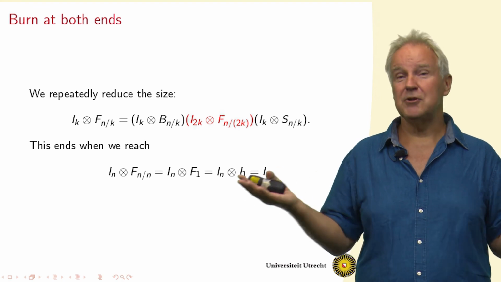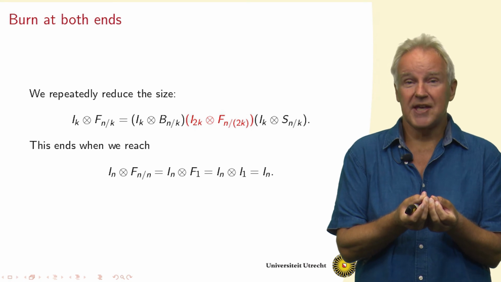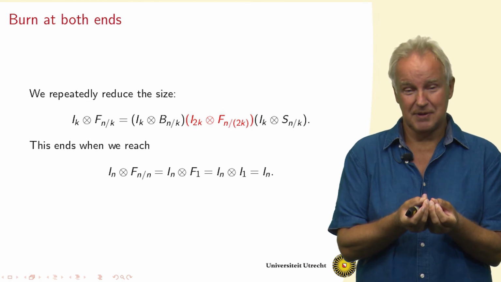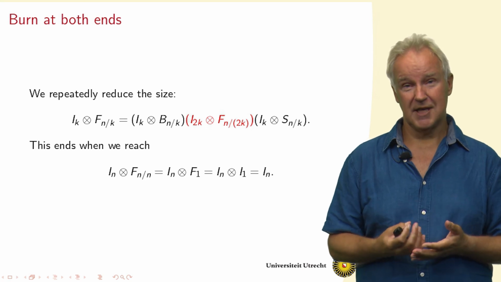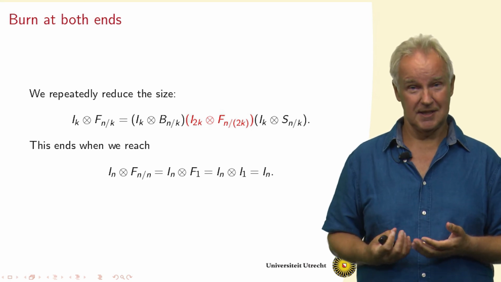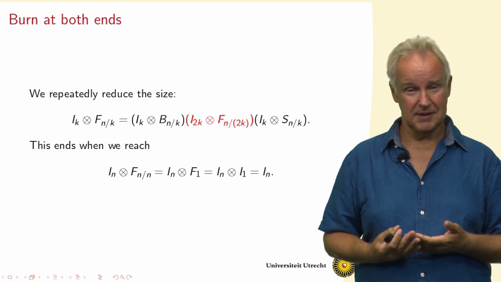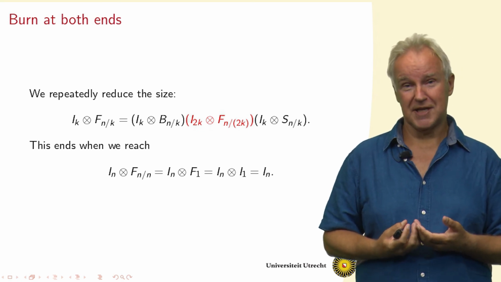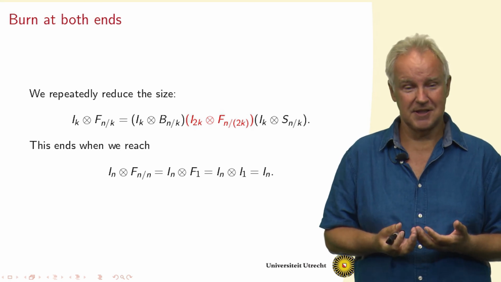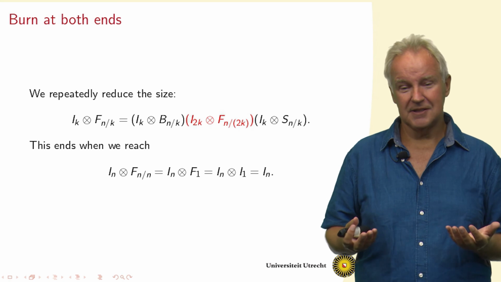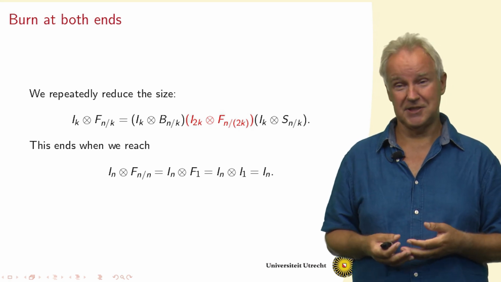And then when do we stop? Well, when we reach the middle and there's nothing in the middle. And when does that happen? When we get down to In times Fn over n. Now n over n is 1, and F1 is the Fourier matrix of size 1, which is just the identity matrix. So we end with In, the n by n identity matrix in the middle.